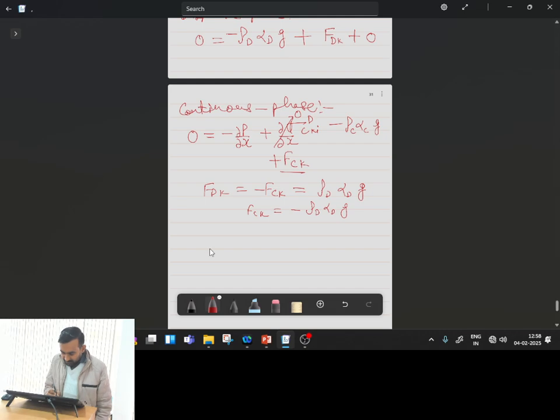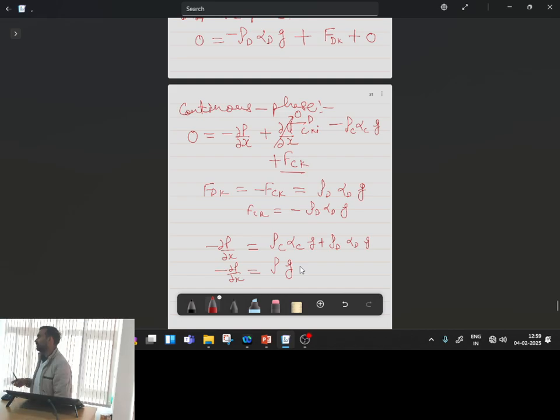So it means that minus del P by del X will become simply equal to rho C alpha C g plus rho D alpha D g. g is common, so minus del P by del X becomes rho C alpha C plus rho D alpha D, which is rho mixture, into g.